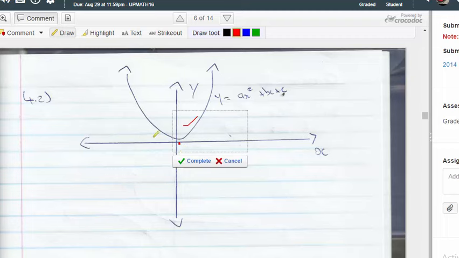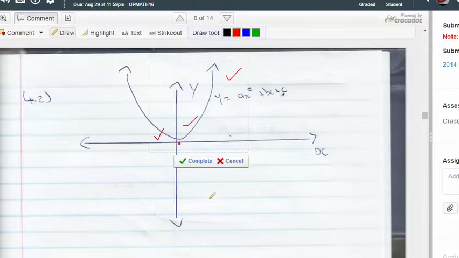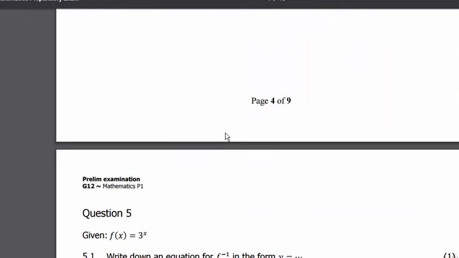He cuts the y-axis on the positive side, that's fine, and he has the positive shape of the graph. Yeah, so he gets most of his marks, but his doesn't cut the x-axis, so he doesn't have any solutions to his equation equal to 0. Okay, next question.